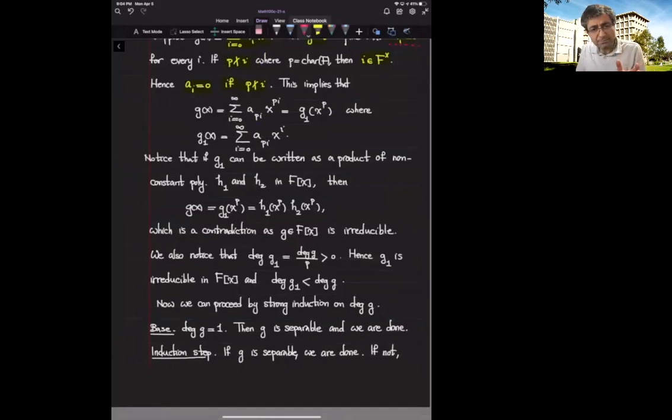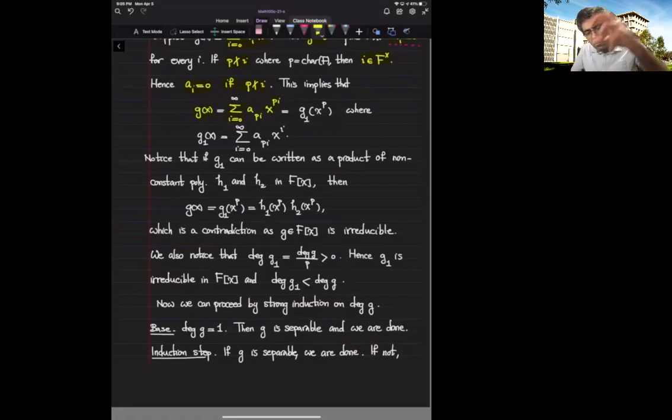So altogether, what am I getting? I'm getting that if my irreducible polynomial g is not separable, then I can write g as a summation of only those terms that have indices that are multiples of p. So 0, p, 2p, 3p. So I get only those terms where the exponents of x are multiples of p.